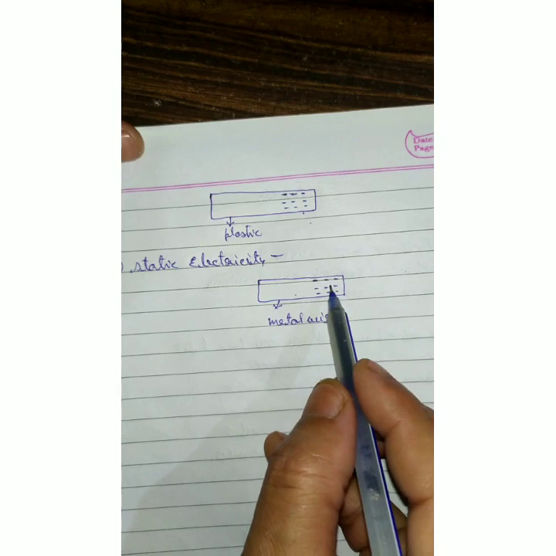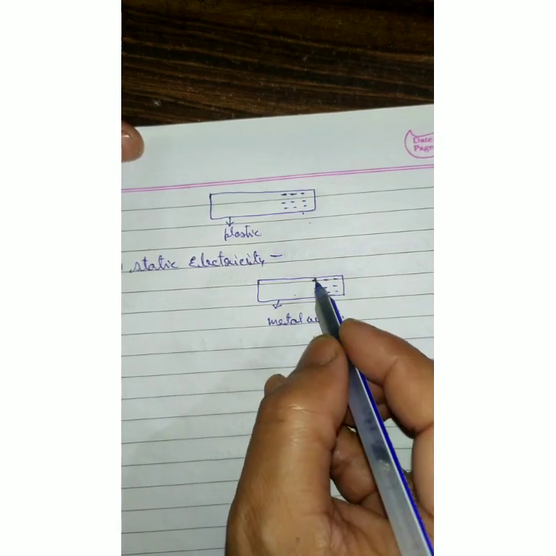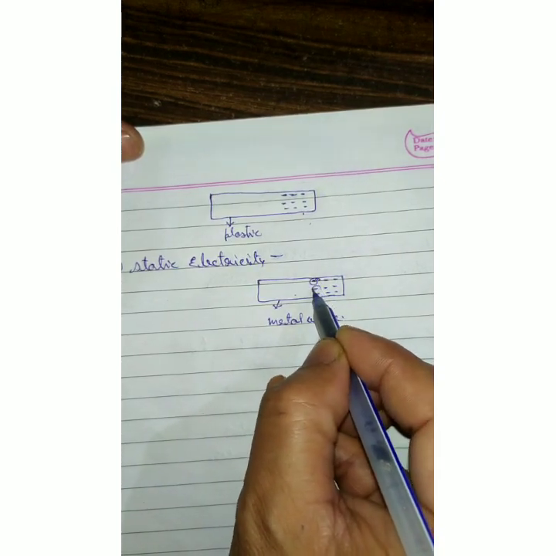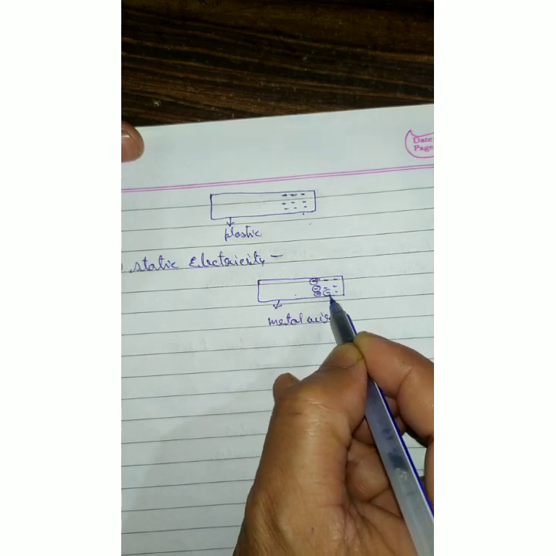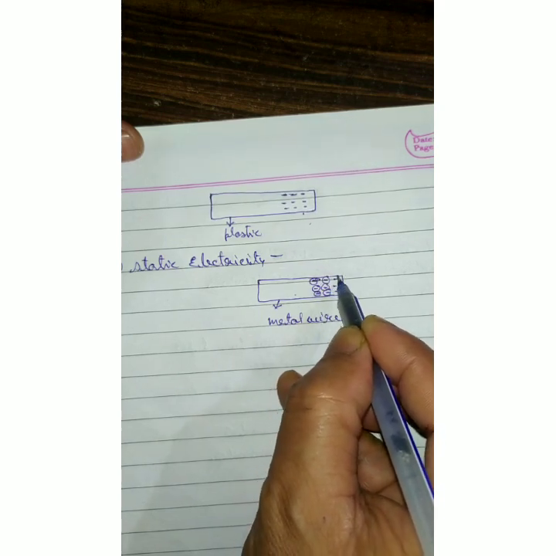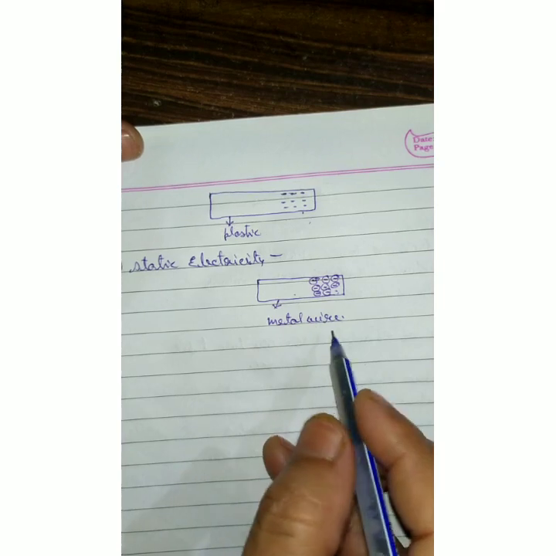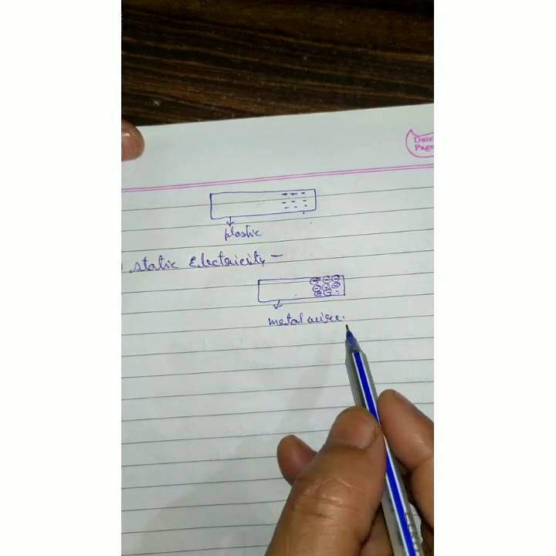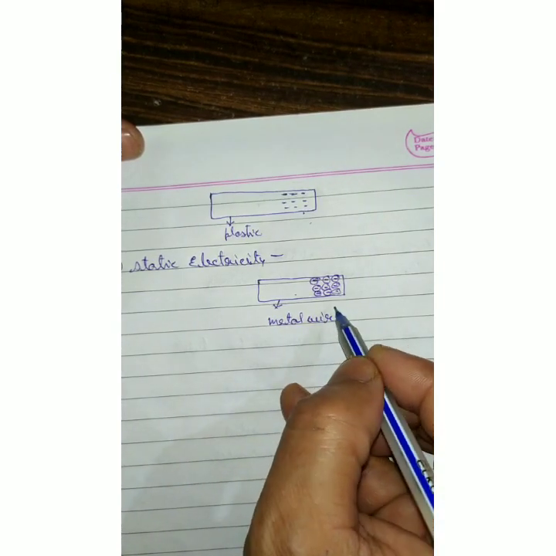So in this case, these negative charge electrons move from one place and the density of electrons is very low at this place, which is unable to attract the small piece of paper.